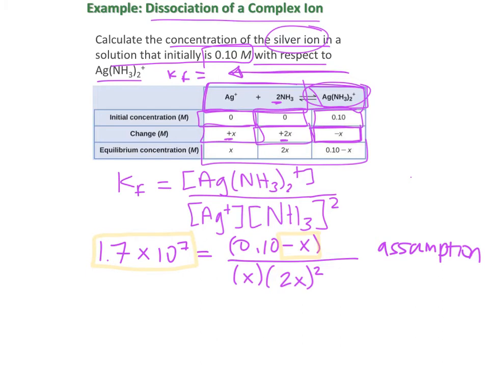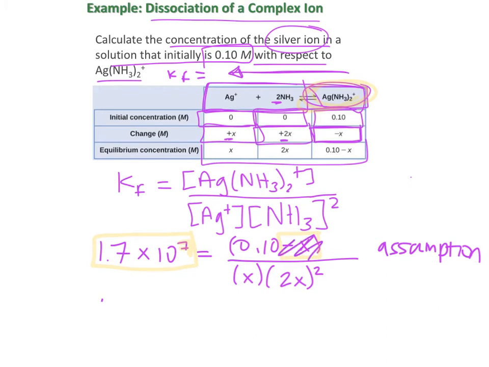So when something is very small or very big for these K values, we can assume that the change will be very small. Because we know that it's very favorable, this is a huge number, it's very favorable for this complex to form, then we can say that whatever change happens will be tiny. So we can go ahead and just disregard that.